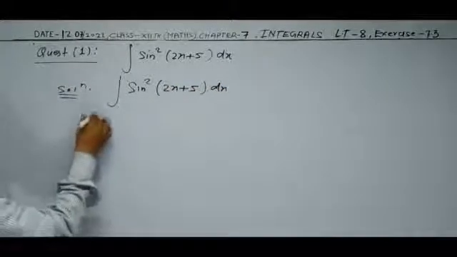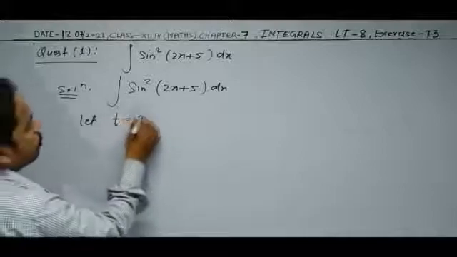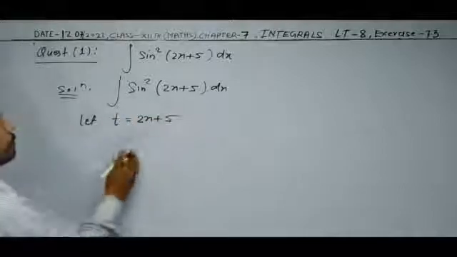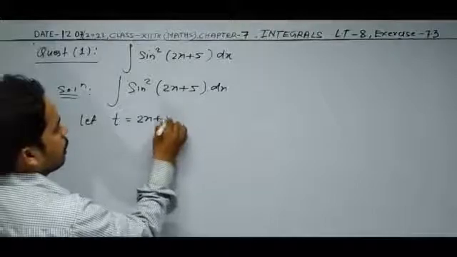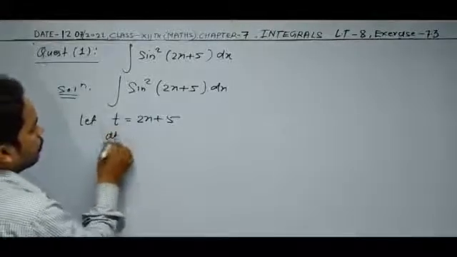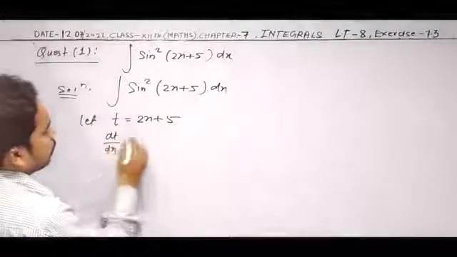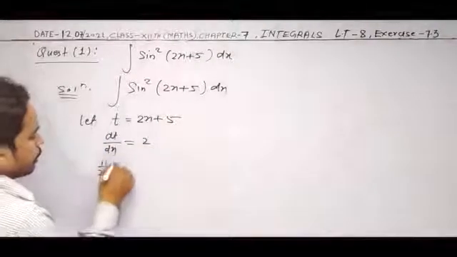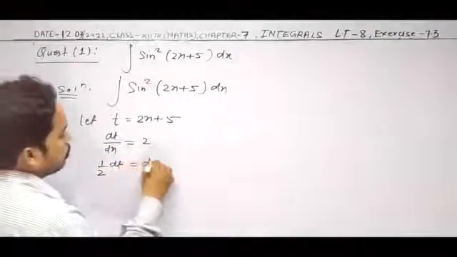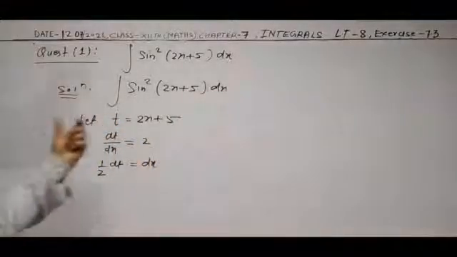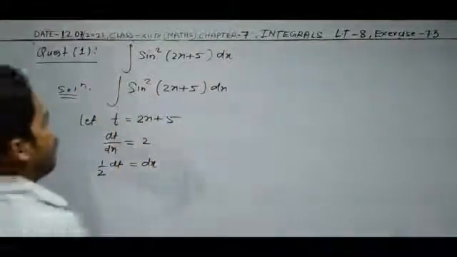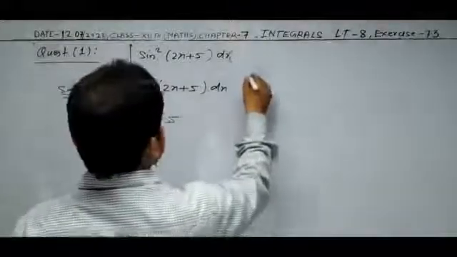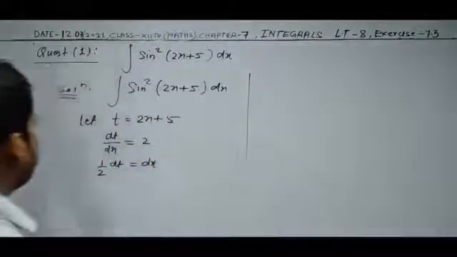Let t equal 2x plus 5. Now you can write dt by dx is 2, so this can be written as 1 by 2 dt equals dx. Now we have to change the integral in terms of dt.